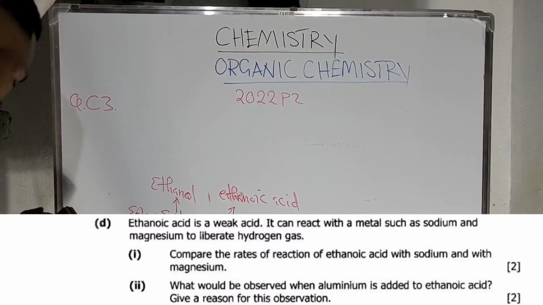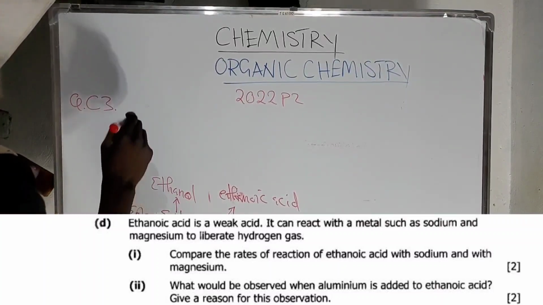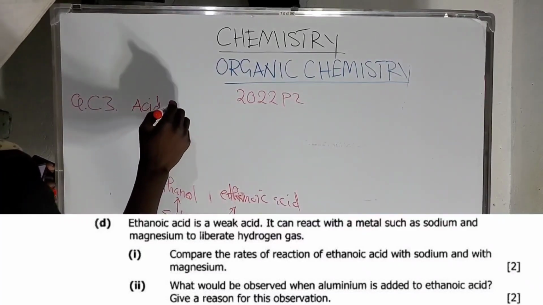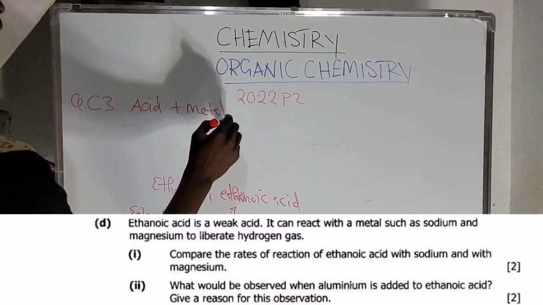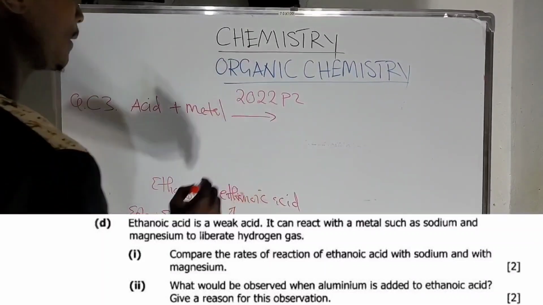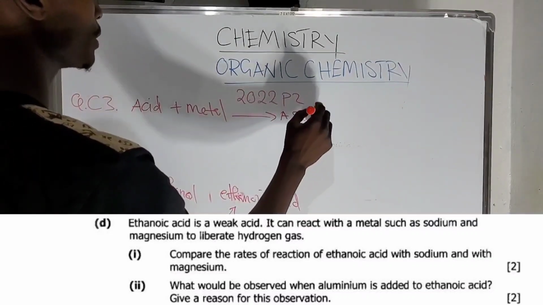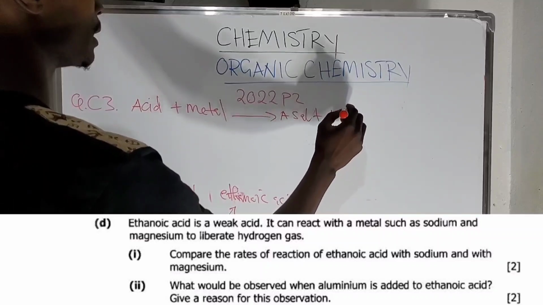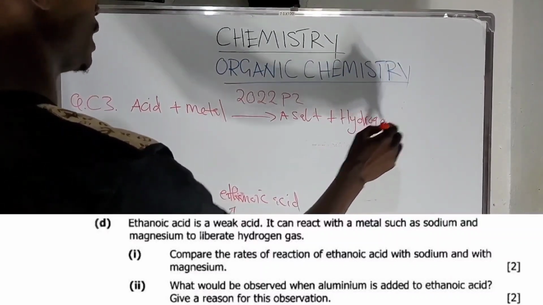It can react with a metal such as sodium and magnesium. So you have an acid, which is just a weak acid, and a metal. That's the key. The products are a salt and hydrogen gas. A salt and hydrogen gas.